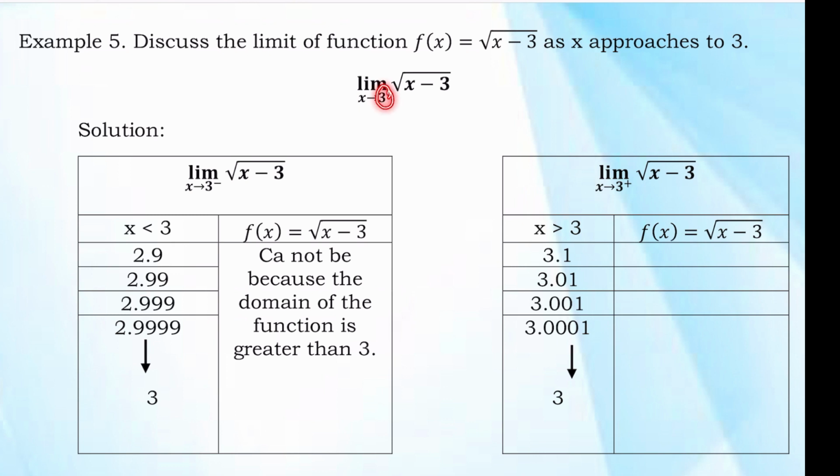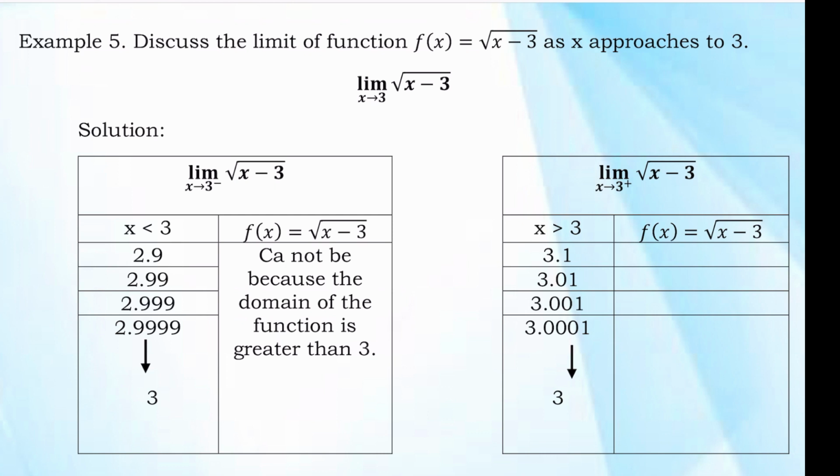What are the numbers on the left side of 3 but getting closer to 3? We have 2.9, 2.99, 2.999, or 2.9999, which approach 3.